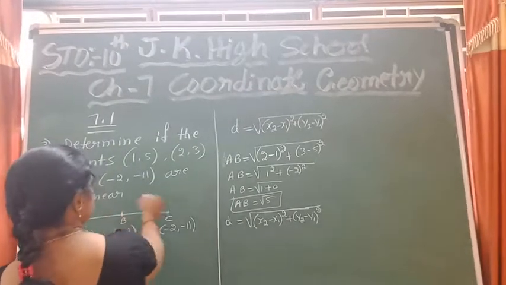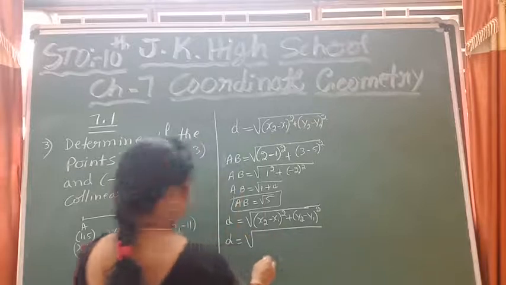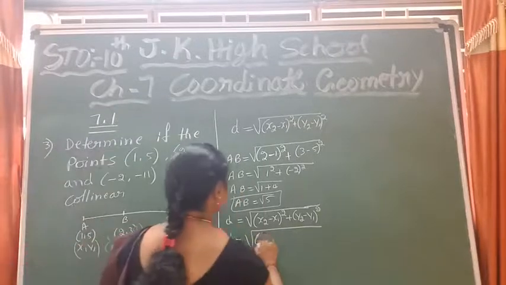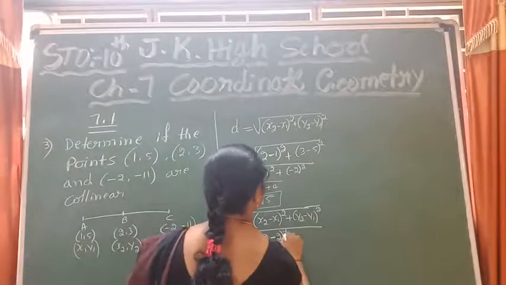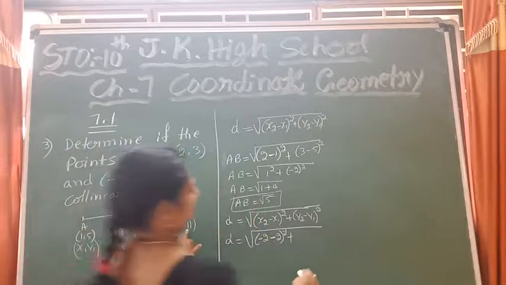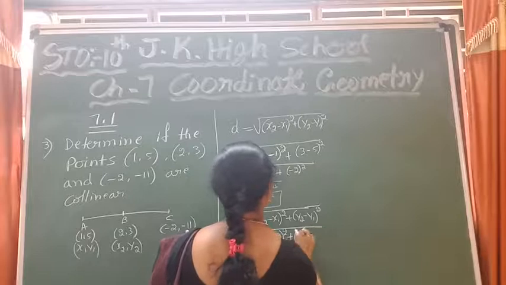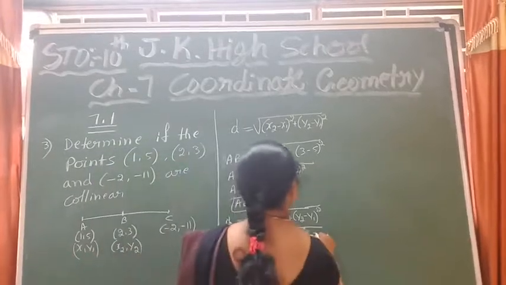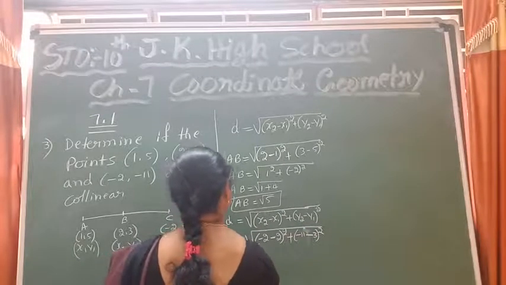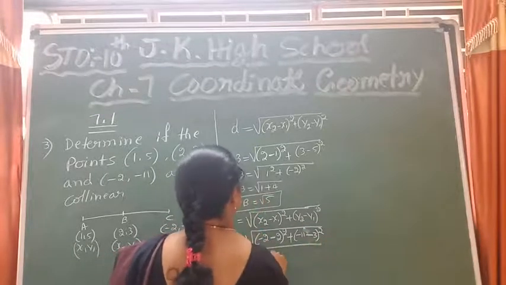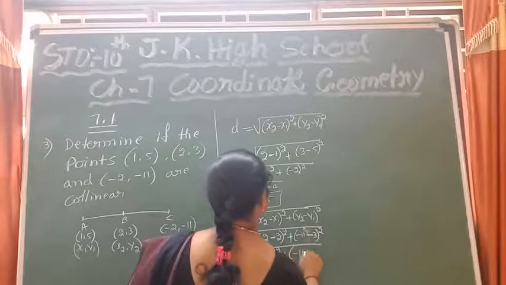So D is equal to square root of (x2 means -2 minus x1 means 2) whole square plus (y2 means -11 minus y1 means 3). So the BC distance is equal to -2 minus 2 whole square plus -11 minus 3 whole square.